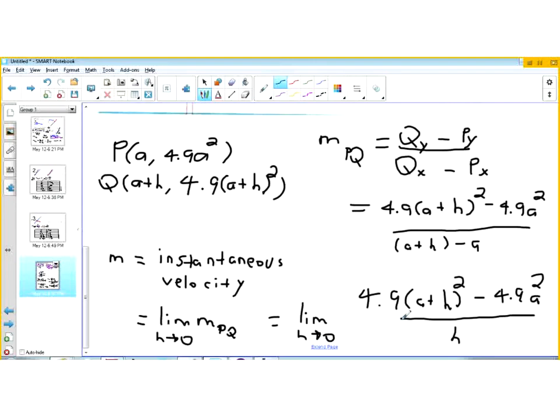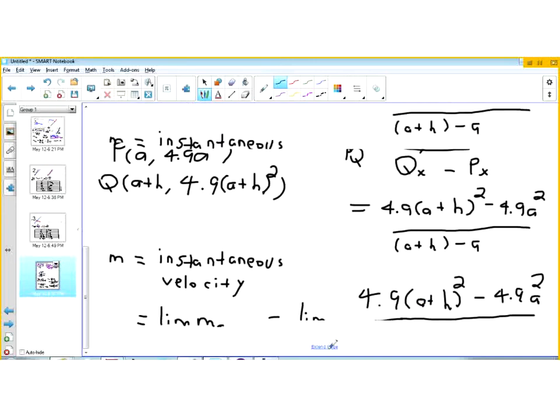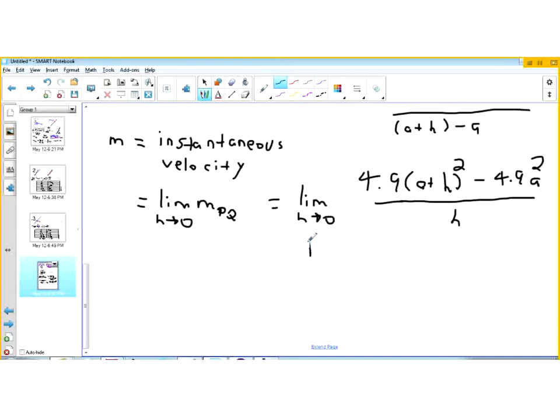And of course, remember, H cannot be 0, because if H were 0, you'd be dividing by 0, and you can't do that. All right, and also we said that A is 5, right? So note, A is equal to 5.